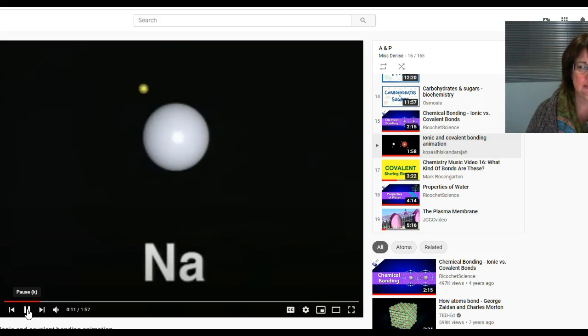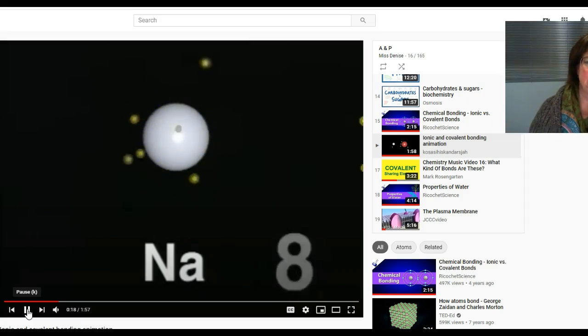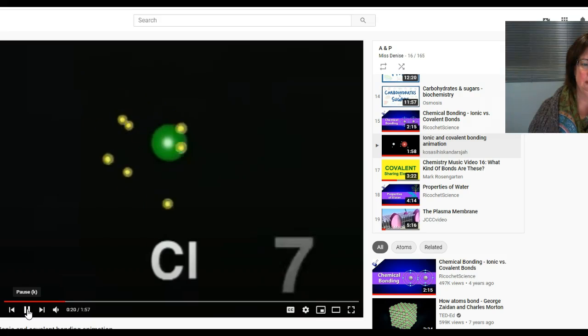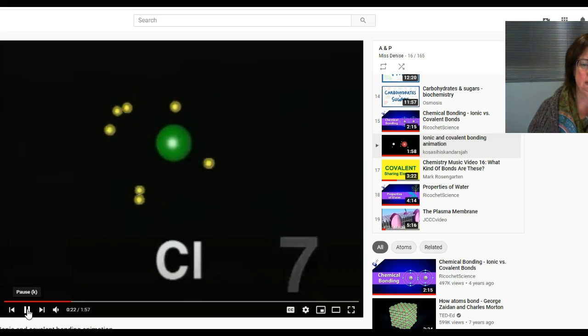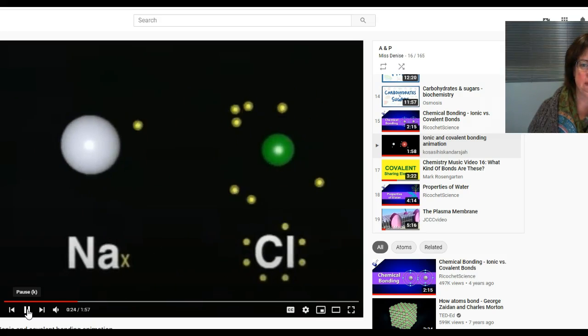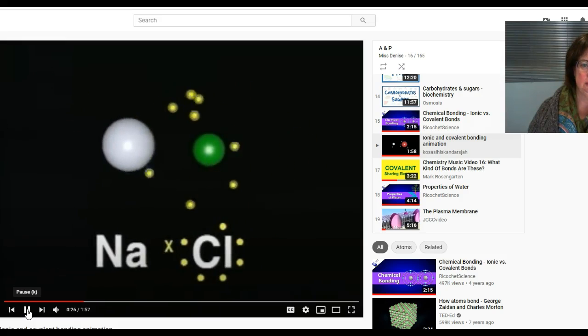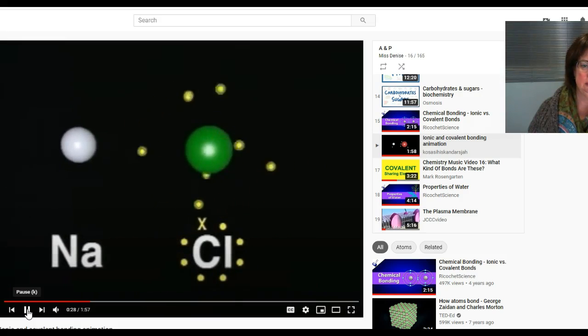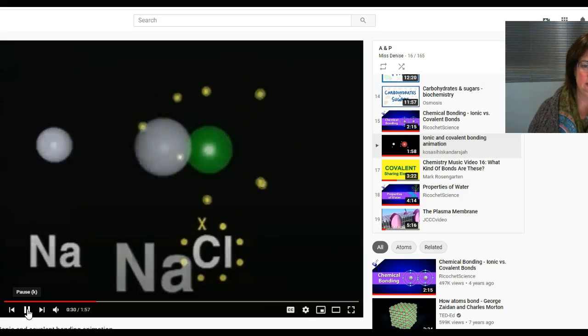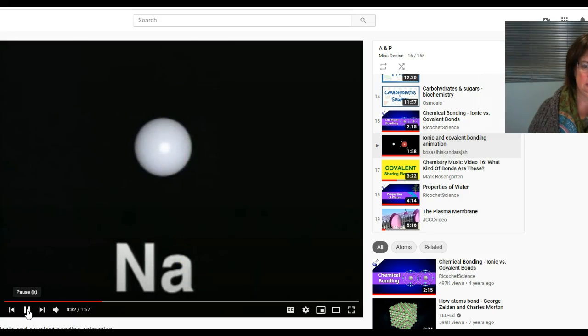A sodium atom has 1 valence electron, with a stable energy level below containing 8 electrons. A chlorine atom has 7 valence electrons. If the atoms collide with sufficient energy, the chlorine atom will remove the electron from the sodium. The sodium atom loses its only valence electron and becomes a positively charged sodium ion.